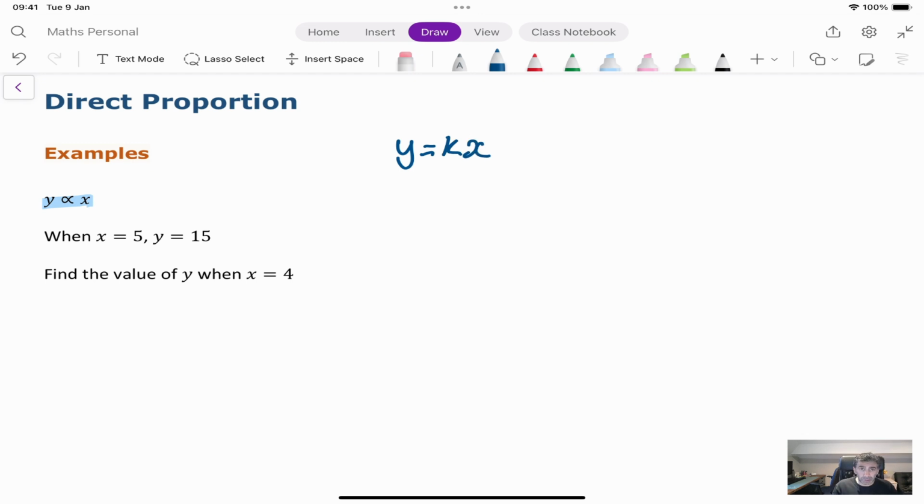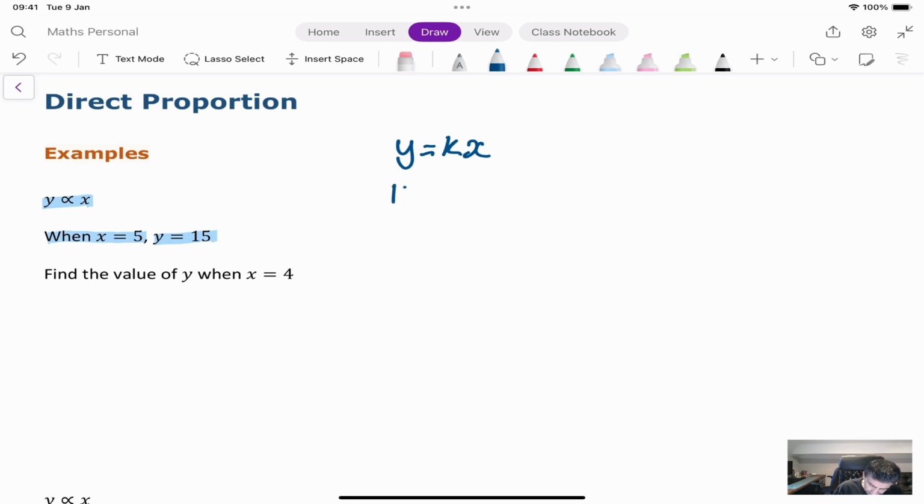My first job is to work out the value of that k. That's going to be my magic number that relates these two things together, so I need to find that out first. Luckily, I've been told that when x is equal to 5, y is equal to 15. I'm going to substitute the 15 in for y and the 5 in for x.